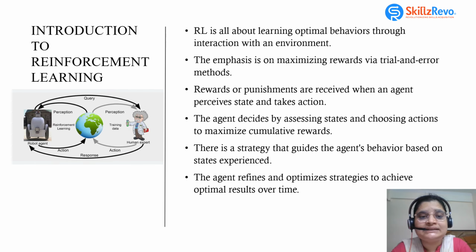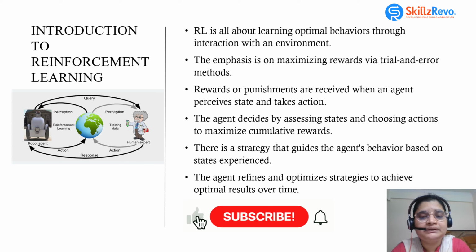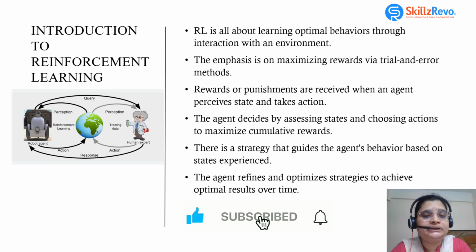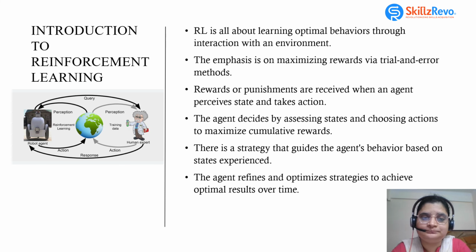This process is characterized by the use of trial and error method, where an agent learns from the outcomes of its actions rather than being explicitly taught. The central focus of reinforcement learning is on decision making, where the learning agent must assess various states within an environment and choose actions that yield the highest cumulative reward over time.